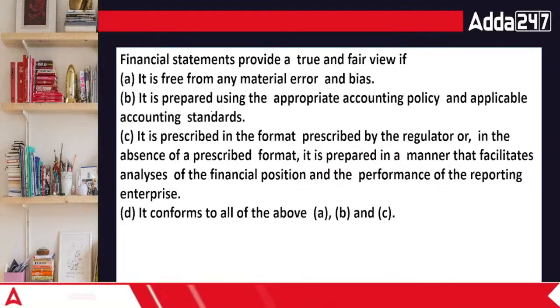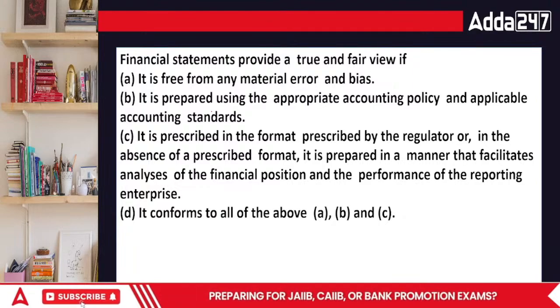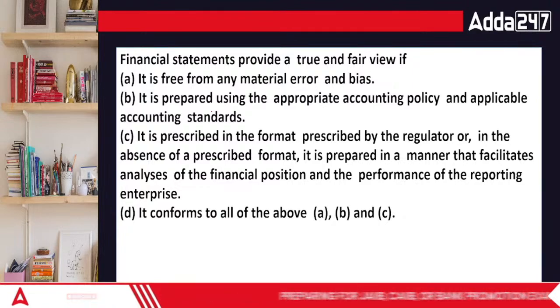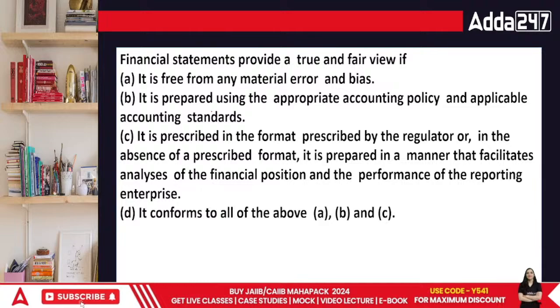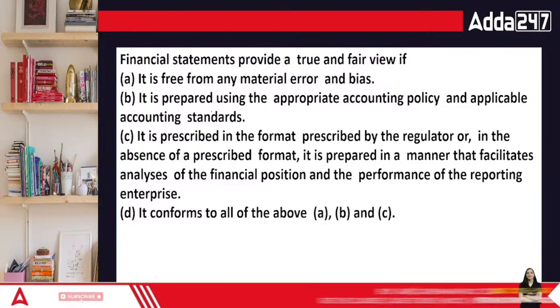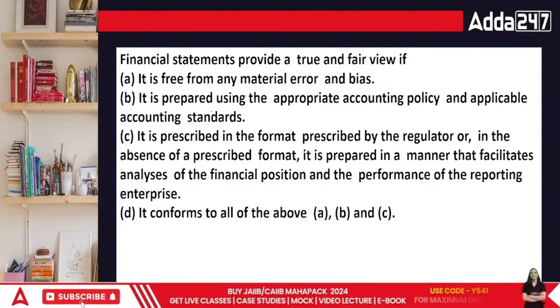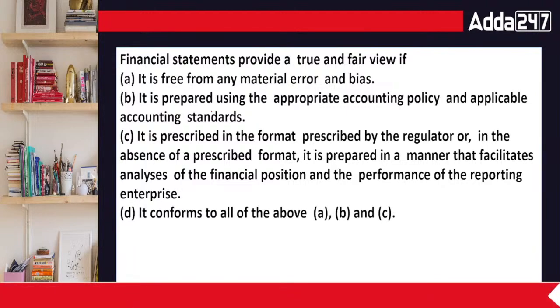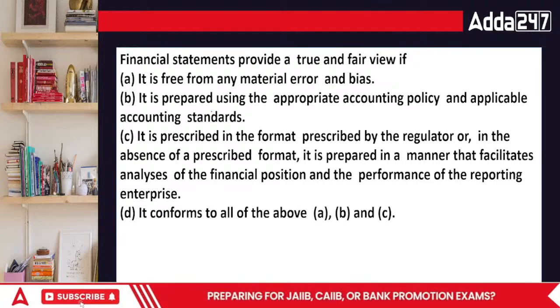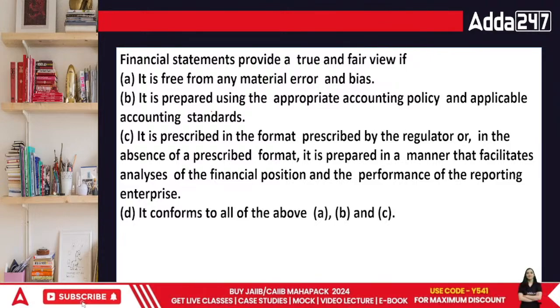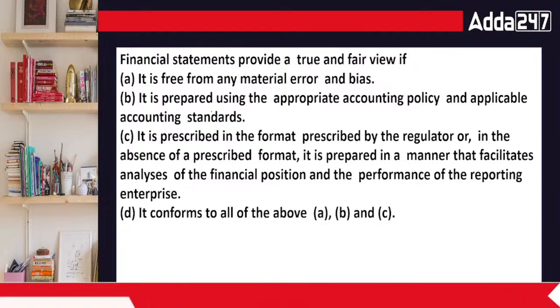Financial statements provide a true and fair view if everybody, what's the answer? Financial statements provide a true and fair view. It is free from any material error and bias. It is prepared using the appropriate accounting policy and applicable accounting standards.